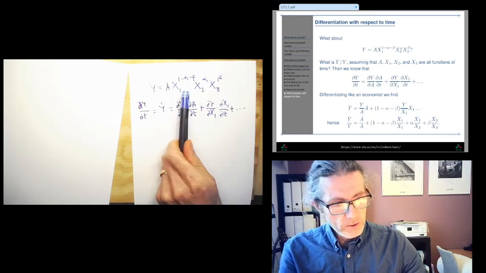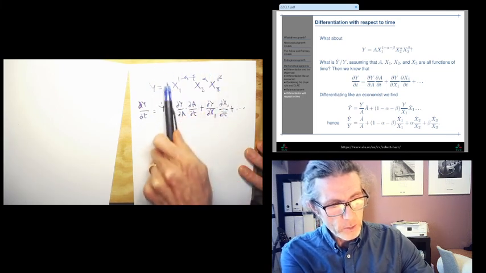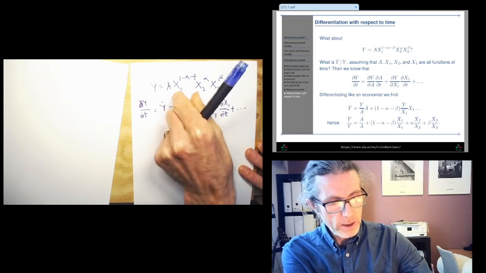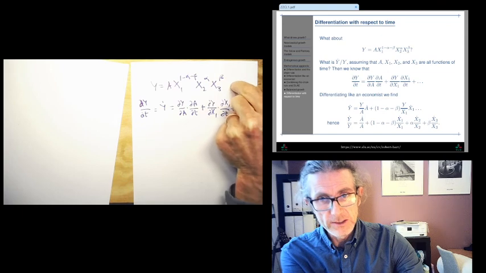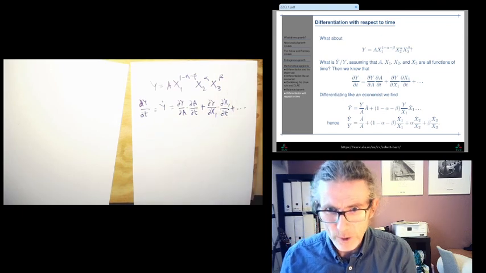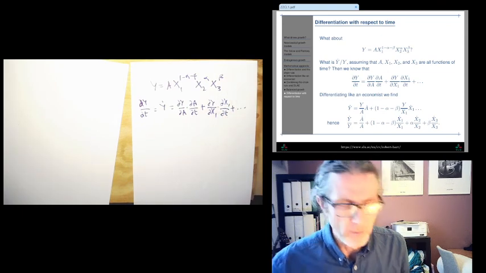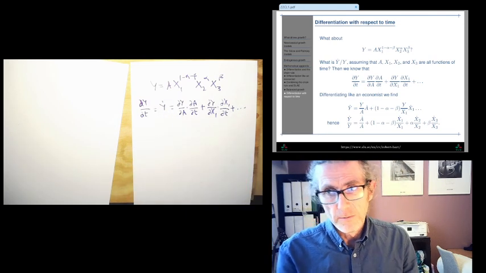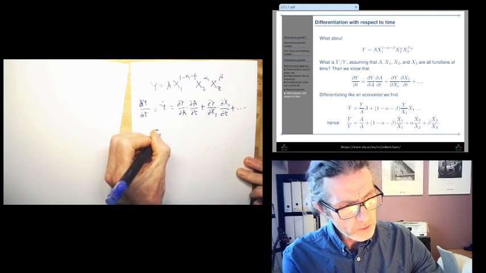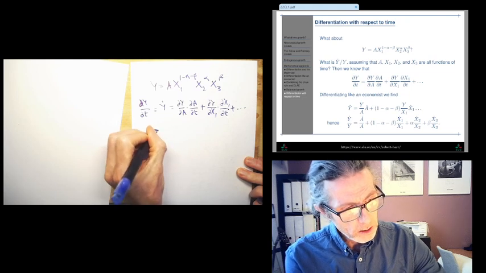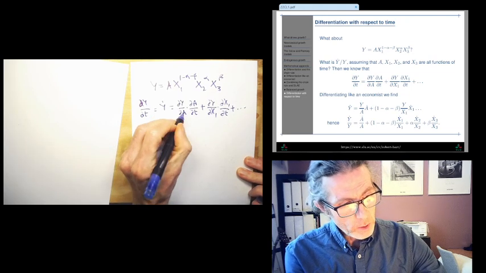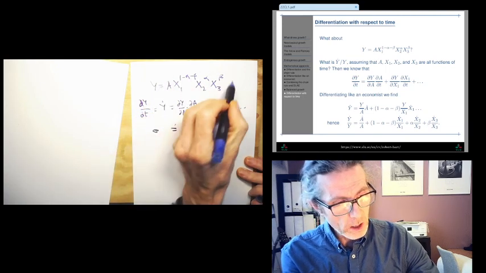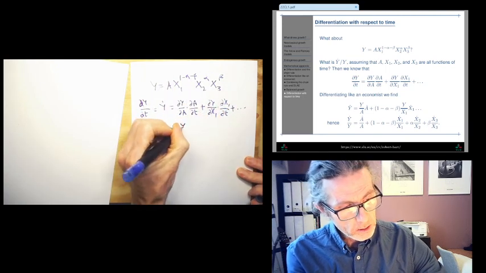We can do this because we've got a single term here. They're all multiplied together, right? If we had something plus something else, then it's way more complicated. But when they're multiplied together, it looks like this. And how does this work out? Well, dy dA, like an economist, is just y over a, isn't it?